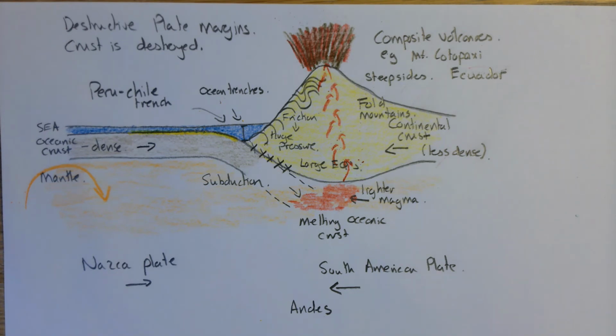It might be worth mentioning that the Nazca plate is moving eastwards and the South American plate westwards. But other than that, you were completely correct. Well done. So as they collide, they form the Peru-Chile Trench, as well as the sediments being built up into fold mountains called the Andes.